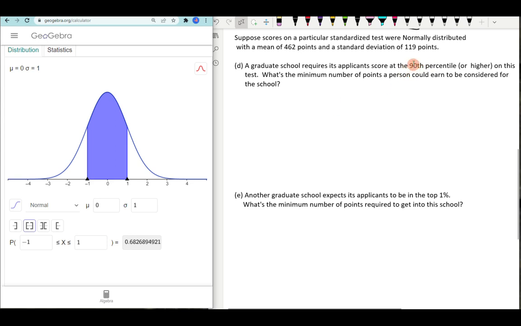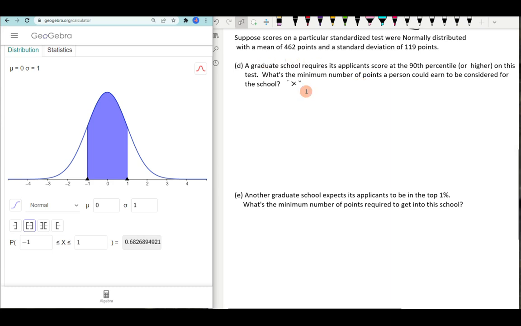Instead, it's telling us a percentile and it's asking about the number of points. In terms of our formulas, we know our mean and our standard deviation. What this question is asking for is an X. It's asking for an actual observation.